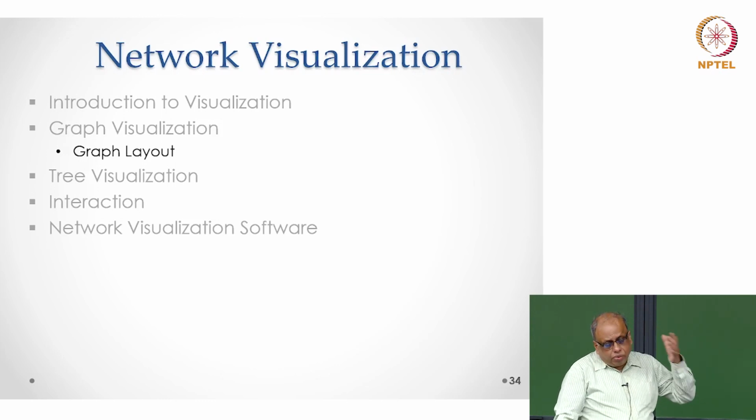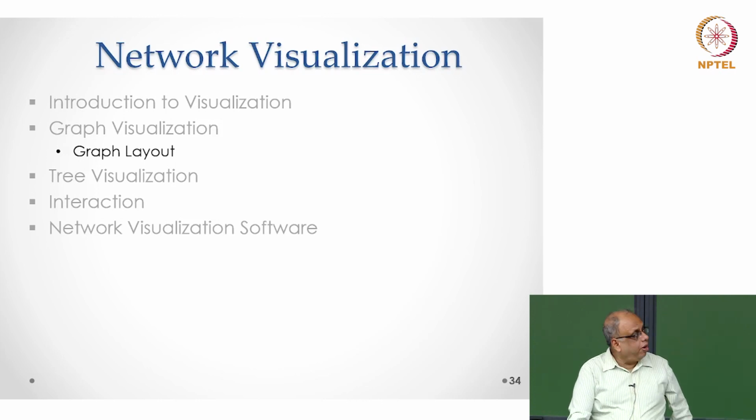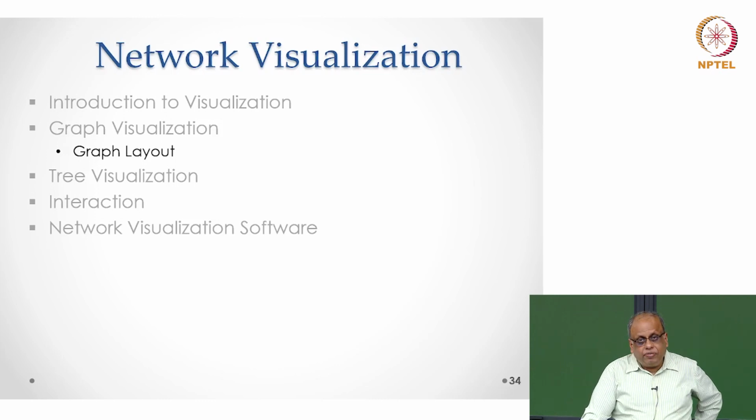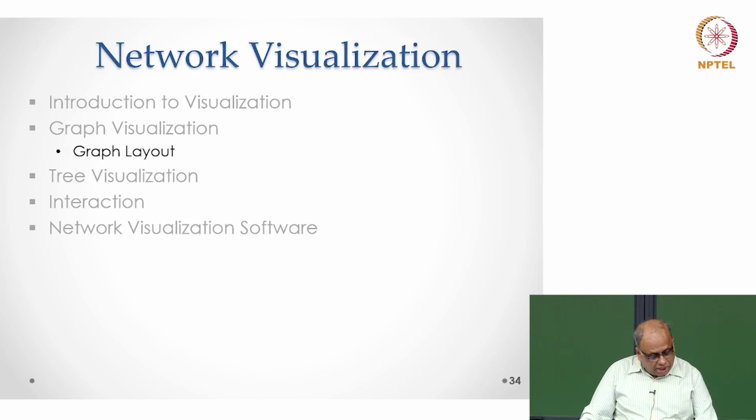So we have looked into what the problem of graph layout is and why it is difficult. From the 70s till now, people have come up with various algorithms for graph layout, trying to satisfy all those aesthetic criteria that I talked about.